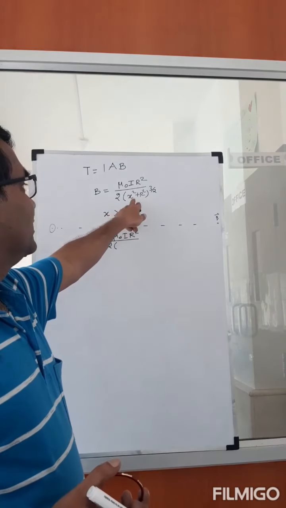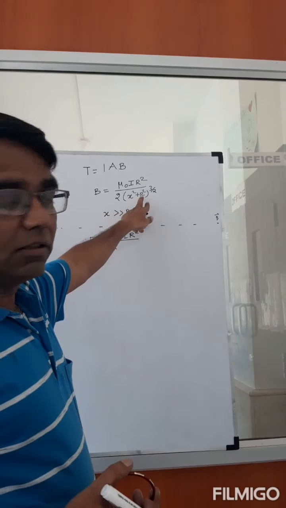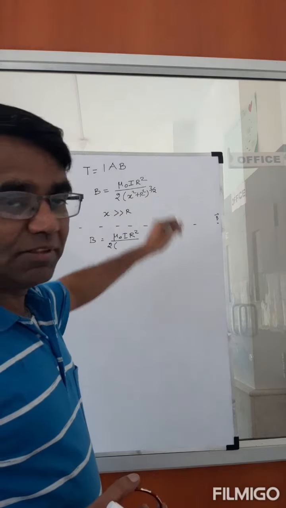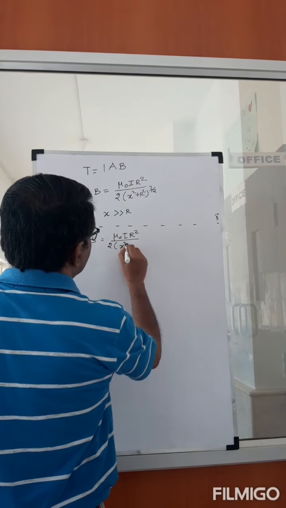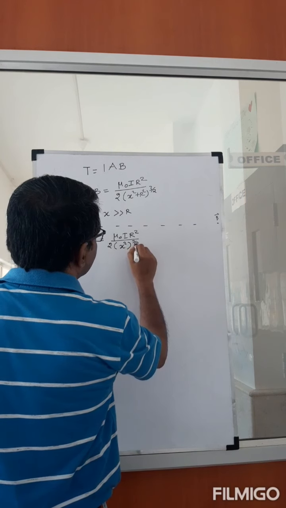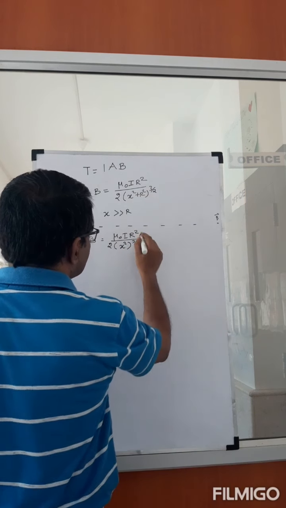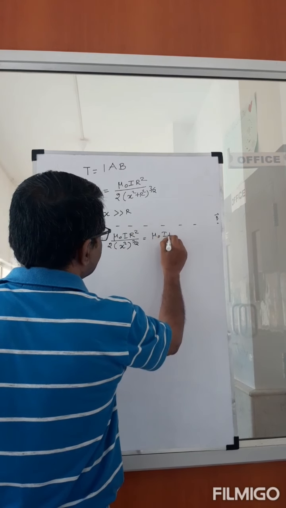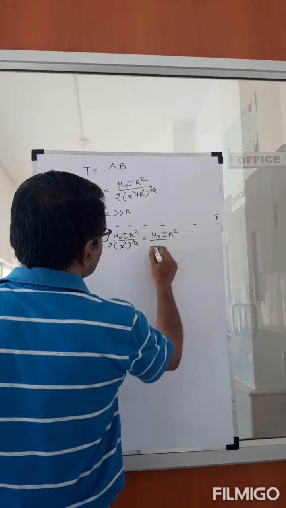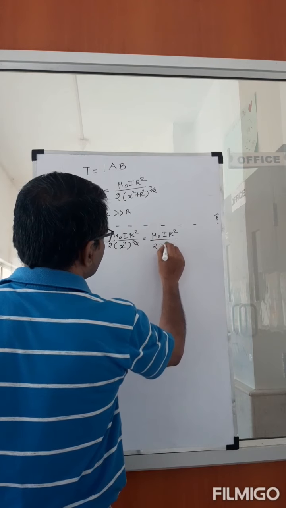So I can ignore r in the denominator. So I'll get 2 into x squared to the power 3 by 2, because r can be ignored. So that gives me mu naught I r squared by 2x cubed.